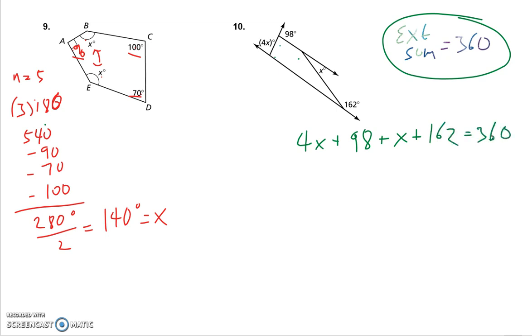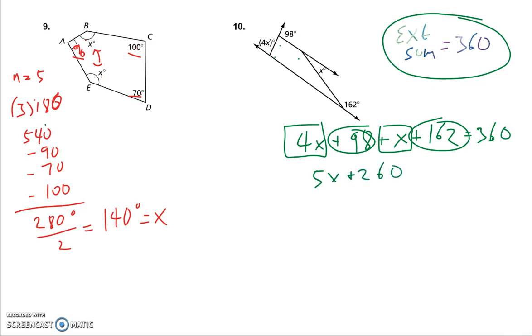Doesn't matter what shape it is, the external angles always add up to 360. So I'm just going to combine these. The x's go together: 4 plus 1 is 5x. 98 plus 162 is 260, plus 260 equals 360. So 5x, if you subtract that 260, is 100.